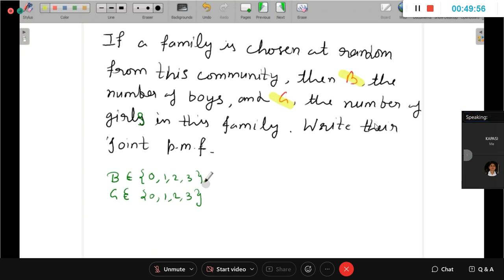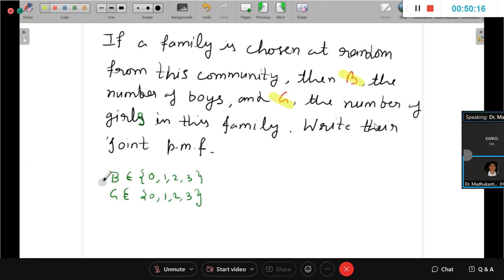Write their joint PMF. So a family is chosen, so any family can be chosen. Then B denotes the number of boys and G denotes the number of girls in that particular family. Write their joint PMF.